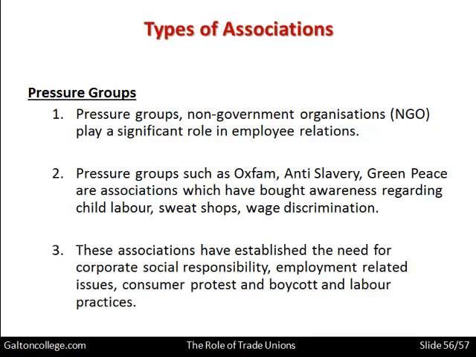Now, this was quite a long talk about the role of trade unions, the importance of trade unions, and the functions of trade unions, and looked at some associations associated with the trade union movement, pressure groups and staff associations and so on, and the employers as well.